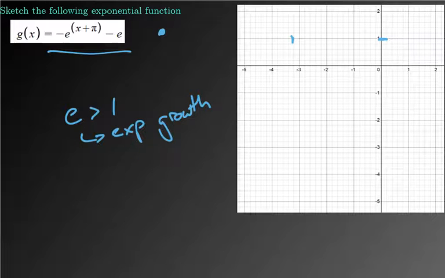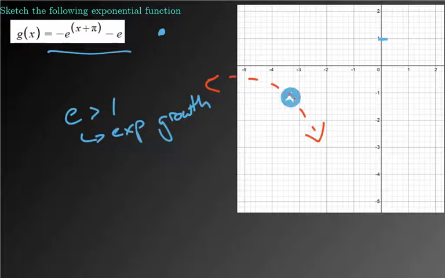Then we have this negative here, which means, so we were doing growth, right, like this. But now we're going to flip it, right? And it's going to look like that, right? So after my flip, I'll be down around here, okay? And then there is a minus E. So I'm going from negative 1, I go down E, right?